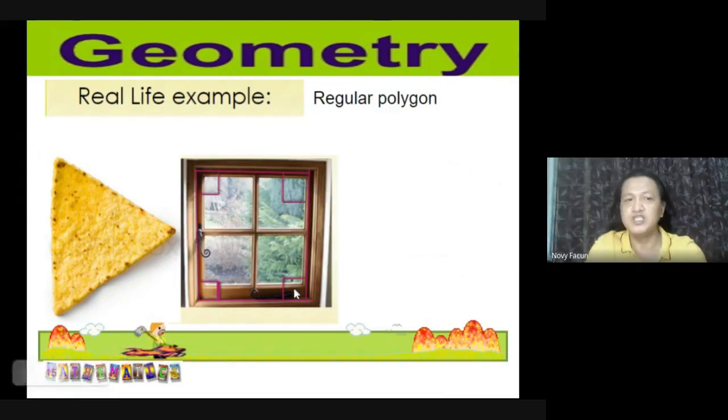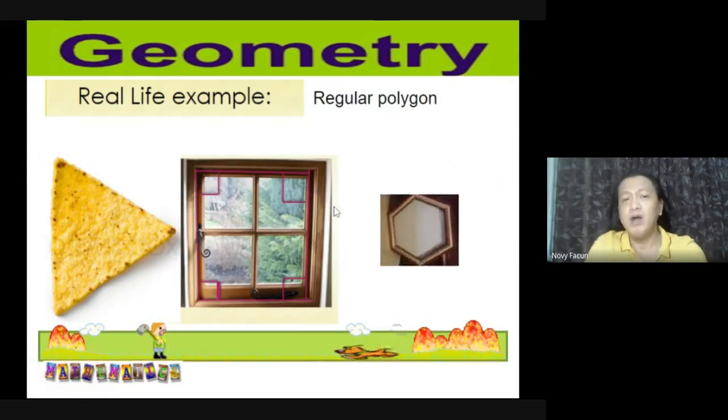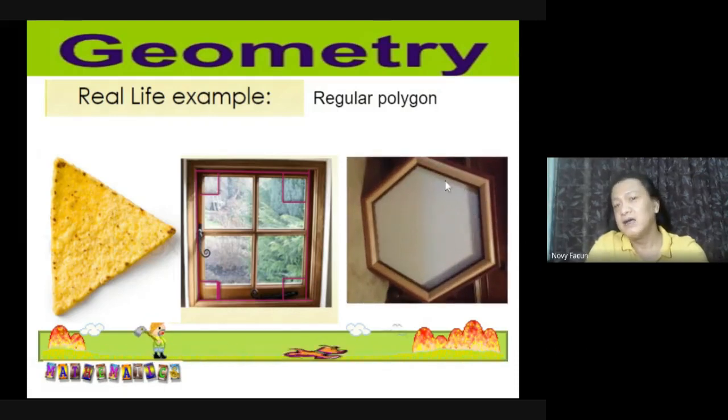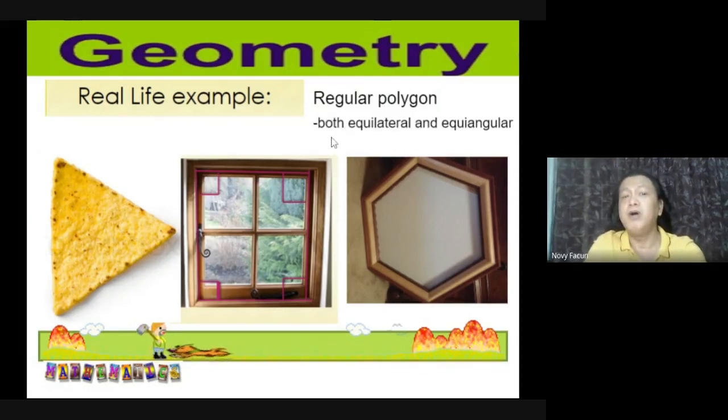And we also have this. How many sides? There are 6. So, ibig sabihin hexagonal picture frame ito. Baka sa bahay niyo merong ganito. And they are all regular polygons because they are both equilateral and equiangular. Ibig sabihin, parehas yung measure ng side, parehas din ang measure ng angles nila.